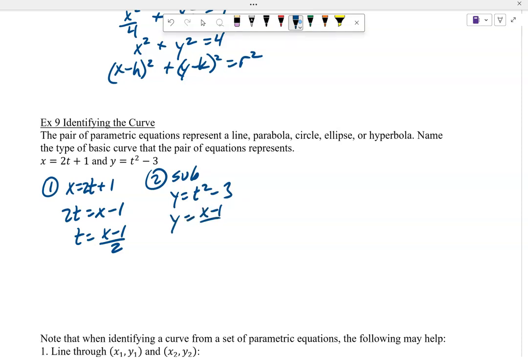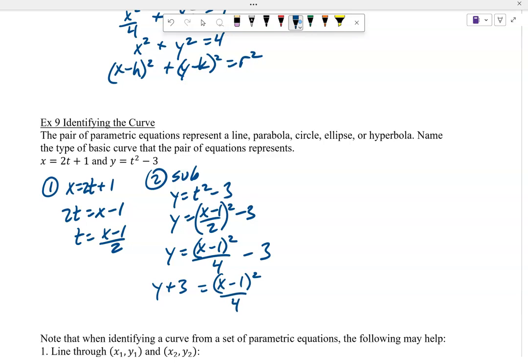So I got x minus 1 over 2 being squared minus 3. So I got x minus 1 quantity squared over 2 squared minus 3. If I add 3 to both sides, I got y plus 3 equals x minus 1 quantity squared over 4. Multiply both sides by 4. So I got x minus 1 quantity squared equals 4 times y plus 3.